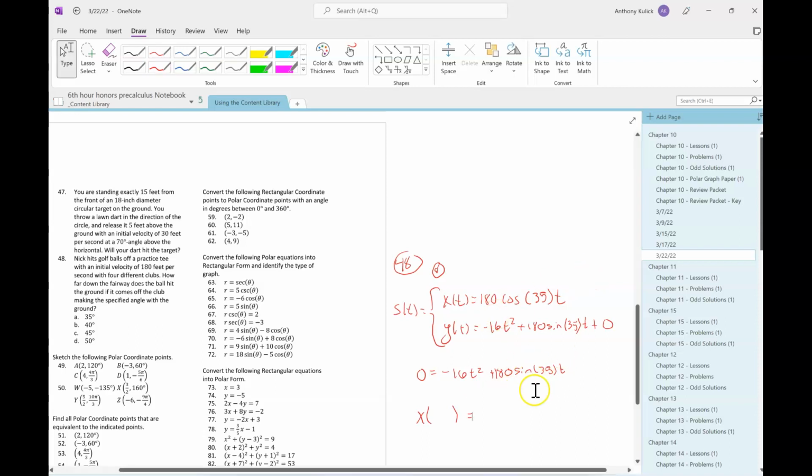So to solve this, it actually becomes pretty easy since there's no constant term. You could solve this by factoring. So one solution is t equals 0. The other would be negative 180 sine 35 divided by negative 16.